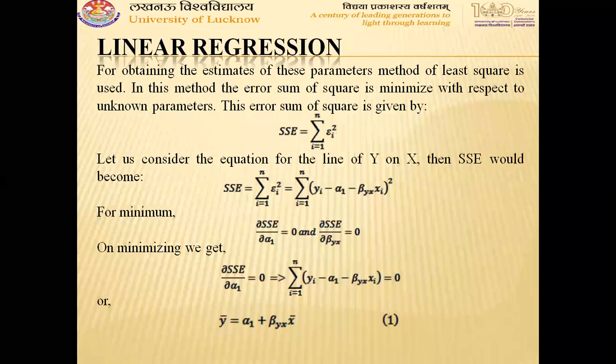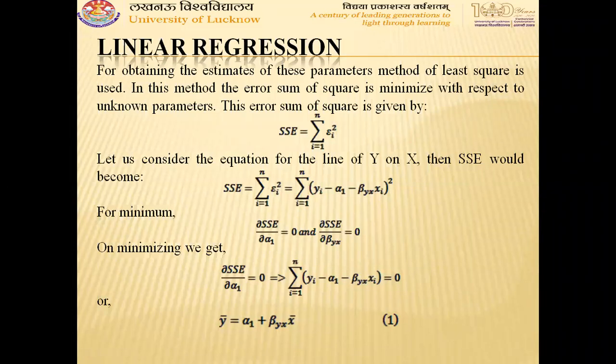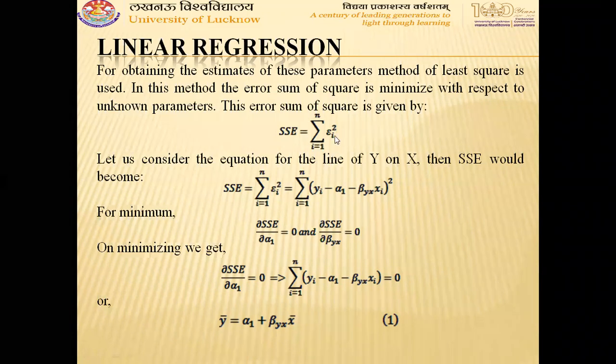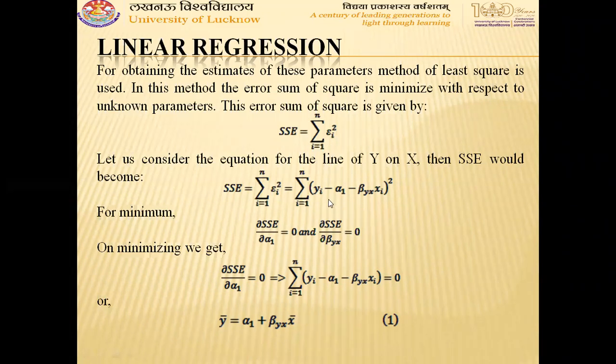So from the previous equation, yi is equal to alpha 1 plus beta yx xi plus epsilon i, we can put the value of epsilon i, which comes out to be yi minus alpha 1 minus beta yx xi, and the error sum of squares will become summation of yi minus alpha 1 minus beta yx xi whole square.